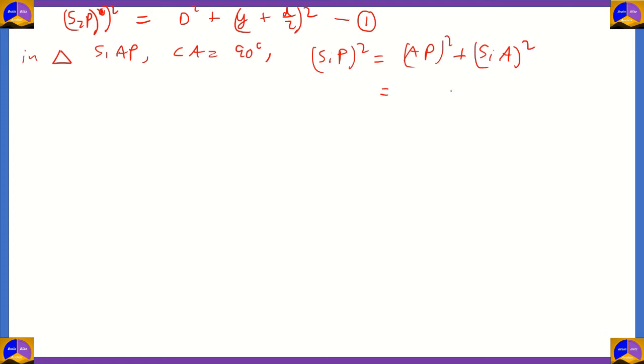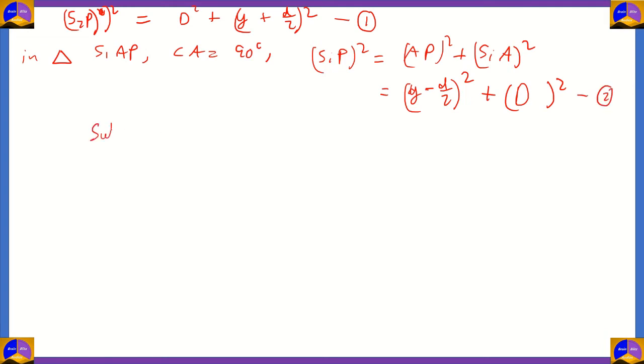So AP the whole square can be written as y minus d by 2 the whole square, plus S1A, which is equal to S2B, capital D, so capital D square. Let's consider this to be equation 2.